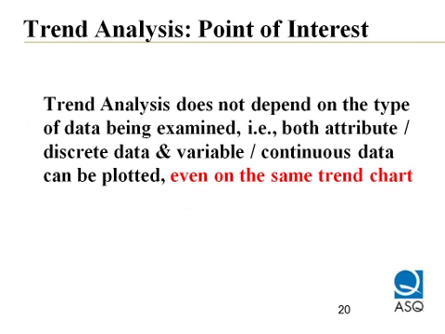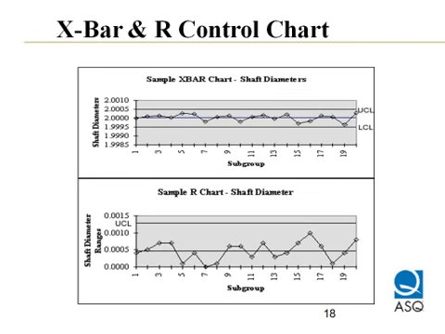Now let's talk about trend analysis. Trend analysis doesn't depend on the type of data being examined. That includes both attribute or discrete data and variable or continuous data, and they can even be plotted on the same trend chart.